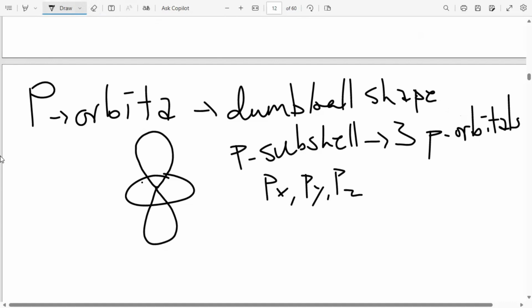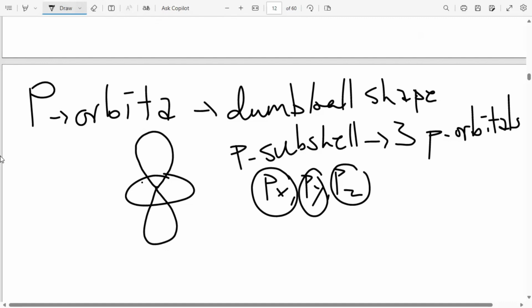Each of these three orbitals is oriented along one of the three perpendicular spatial axes. Those axes that you learn in physics, the x-axis, the y-axis, and the z-axis, each contain one of these. So px is in the x-axis, py is in the y-axis, whilst pz is in the z-axis.